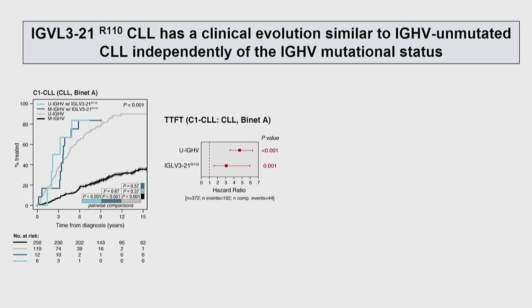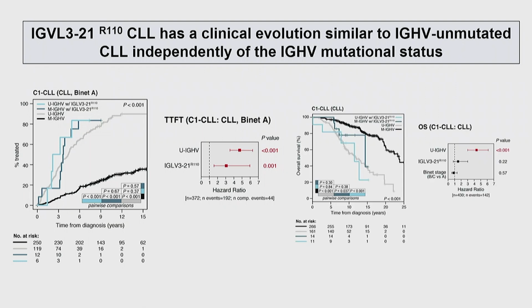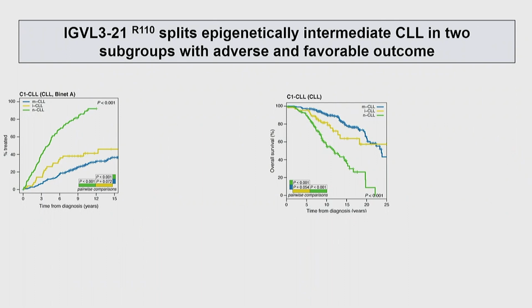Here you have in dark and pale blue the cases that carry this mutation that have unmutated or mutated immunoglobulin. You can see that the mutational status of the immunoglobulin gene loses its impact when you have this R110 mutation. And it is similar for the overall survival of the patients.